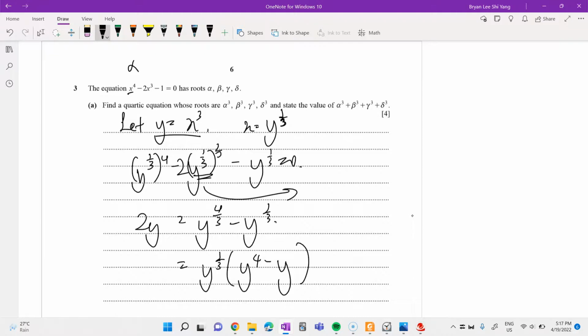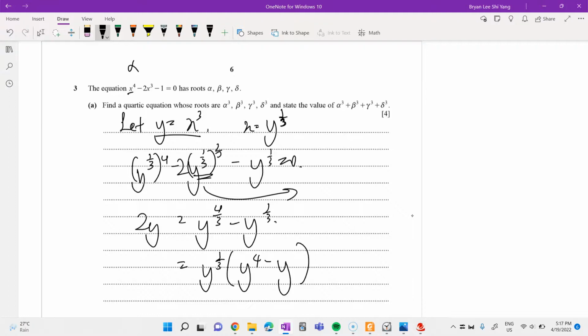For this part, I will have to multiply. Let me think. State the value of, yeah, my brain's fried. Can't find my friend for help.